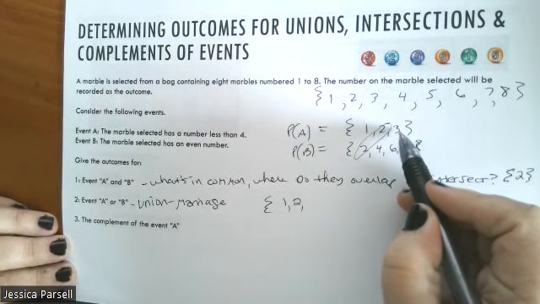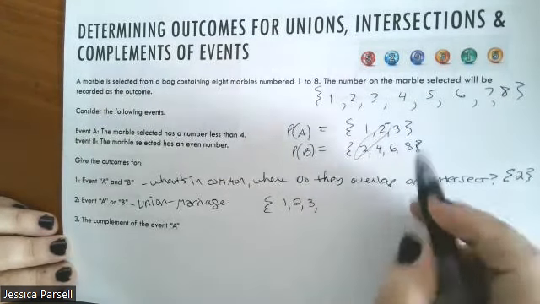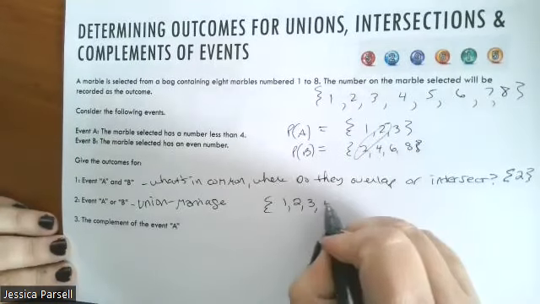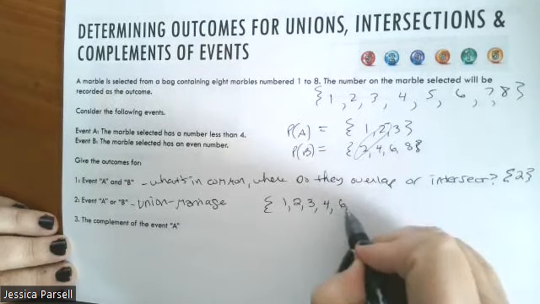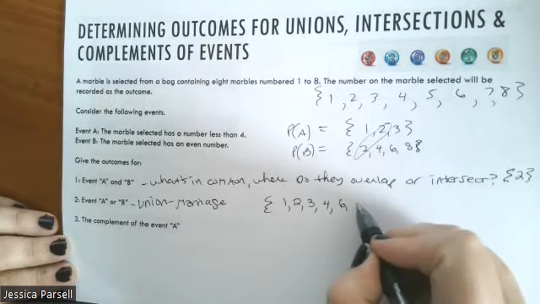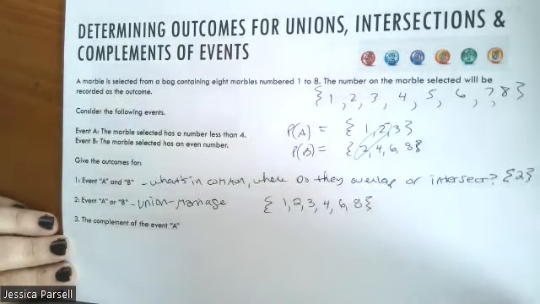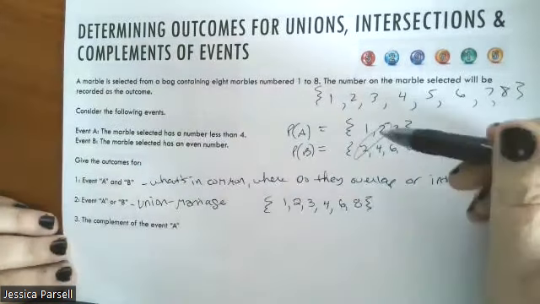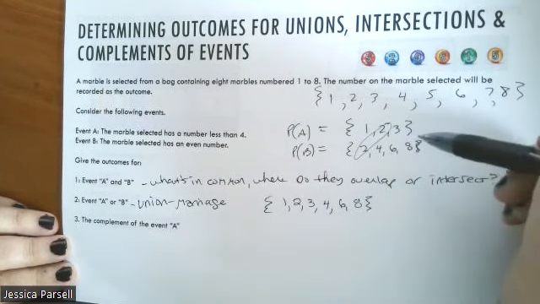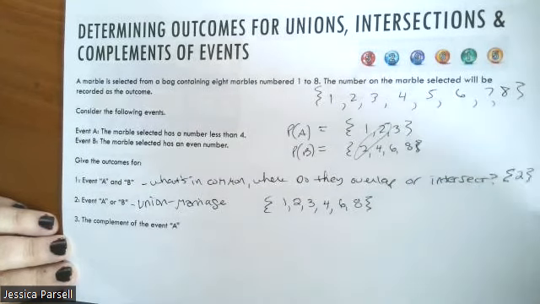This one has a lamp, so we'll grab that 3. This one has a sofa, this one has a TV, and this one has a KitchenAid. So we're marrying them together. We should end up with 1, 2, 3, 4, 6, 8.